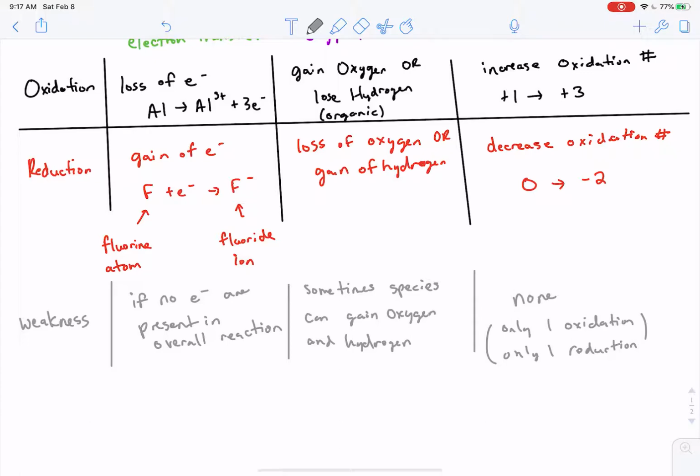I guess also in here I'm thinking about the weaknesses. A lot of times people can look at the charge and say, oh, this species goes from 0 charge to plus 3 charge, so therefore it must oxidize, but that's not always the case. If charges aren't present, if you're dealing with all neutral elements and compounds, then you won't see those charges.